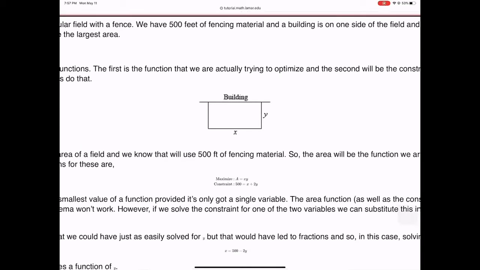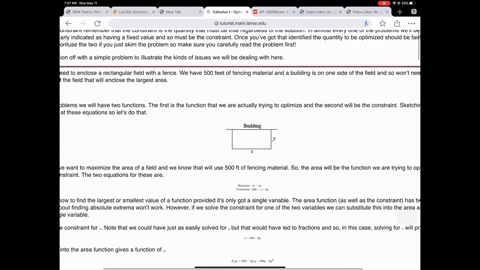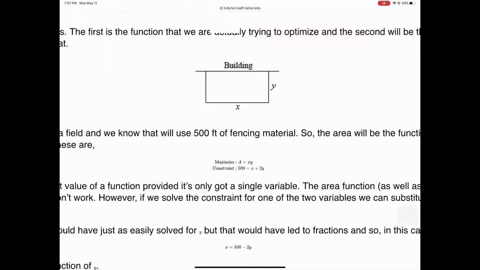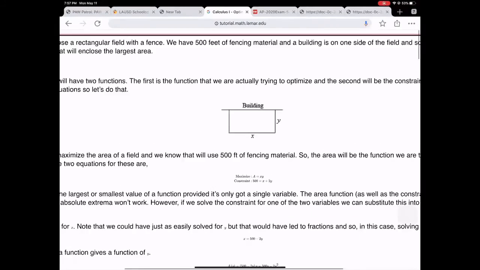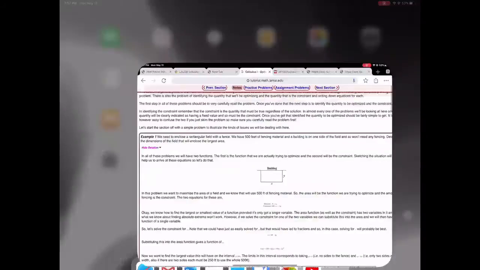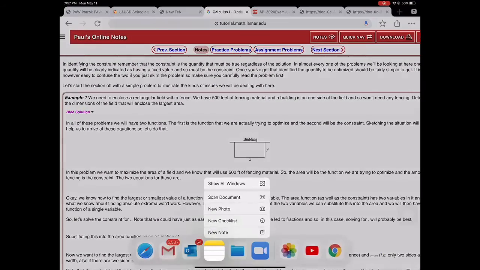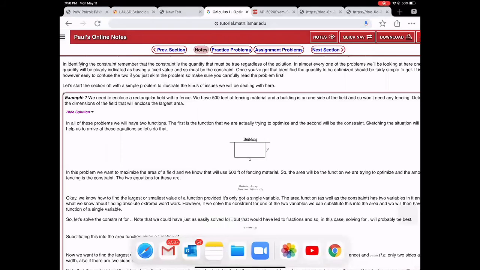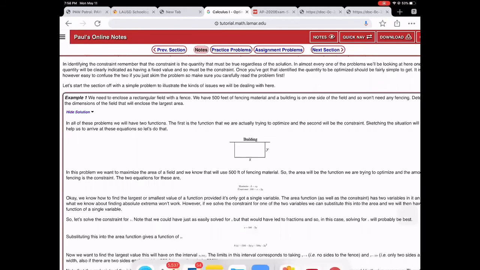All optimization questions have something to optimize, and that's the equation you take the derivative of. They want to optimize area, so write the equation for area and then take the derivative of it. But you might say, I don't want to take a derivative of x and y. So let me go ahead and do this real quick. Everything has to be done so slowly, if not, it doesn't know you want it.